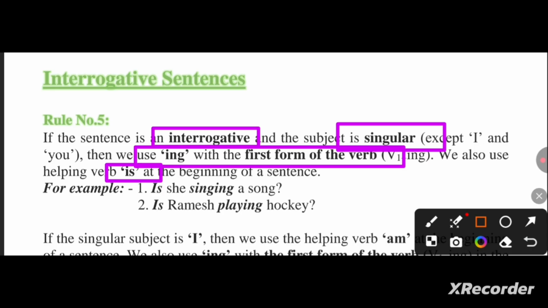Here we can see in the example, is she singing a song? Here is has been used at the beginning. Similarly, in the second sentence, is Ramesh playing hockey? Here again we have used the helping verb is at the beginning of a sentence and ing with the first form of the verb.